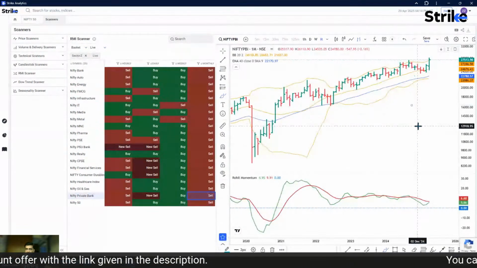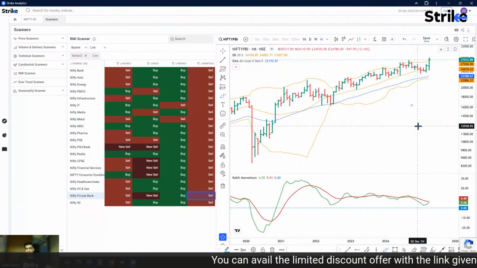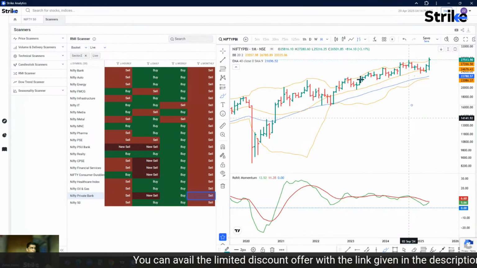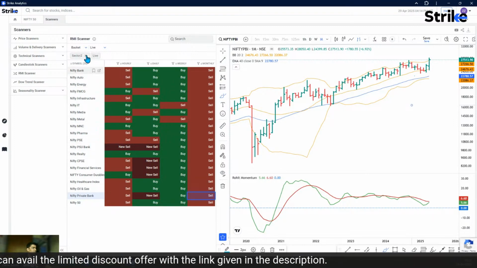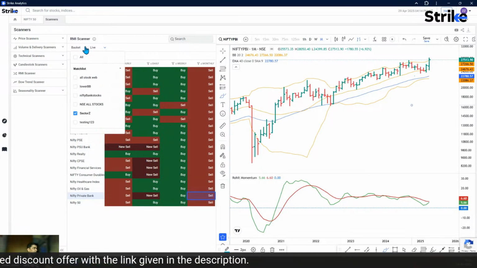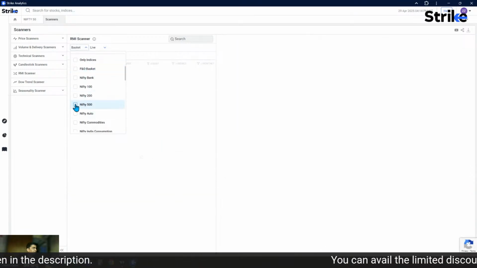For long term, both weekly and monthly should be buy, right? Yes, absolutely, weekly and monthly. So monthly should be in a buy mode. Let's see. Just for scanner purposes, I'll look at Nifty 500 stocks.